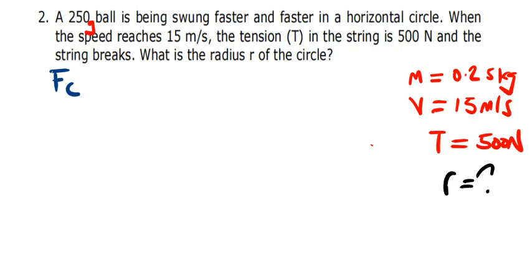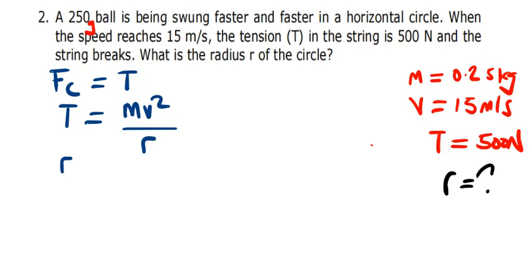The centripetal force, we are saying, is equal to the tension. Therefore the tension will be equal to, the way we find the centripetal force, mv squared over r. This is very important for us to understand. Now how are we going to find r? We just have to make r the subject of the formula. If I cross multiply, I'm going to have rT equals mv squared.